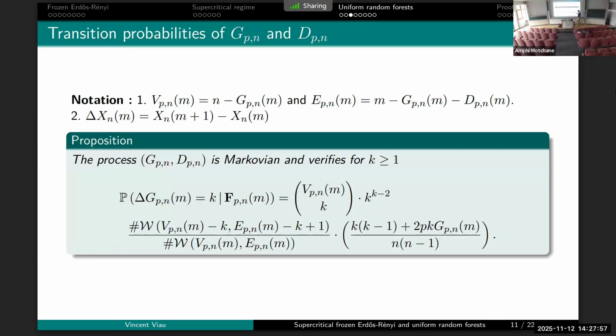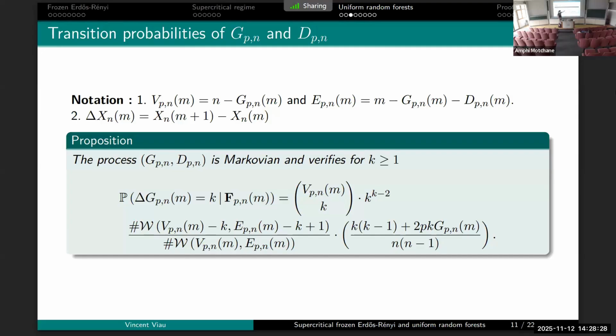The last term is this: imagine that you have a tree of size K in your forest. What is the probability that this tree freezes at time m? Either you create a cycle in this tree, or this tree is connected to a vertex which is frozen and the edge is kept. This gives you the last term. Now, how many trees can you construct with V vertices?